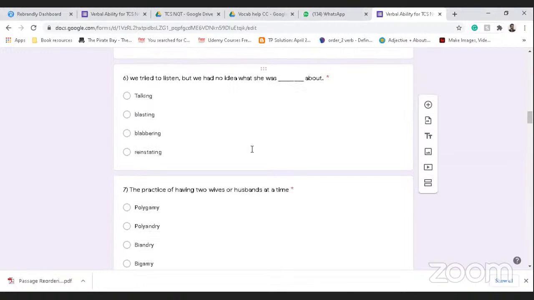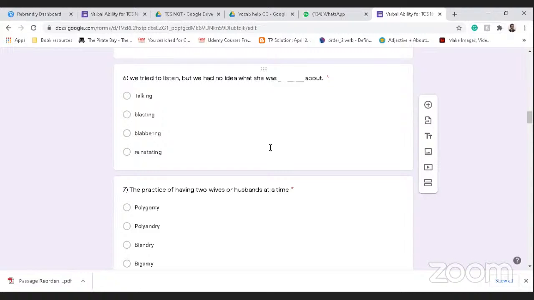We tried to listen, but we had no idea what she was dash about. Whenever you have words like these, where it seems obvious that talking should be correct: that's right, talking is correct, but remember contextual vocabulary. What does contextual mean? I told you a while ago, in English every word can come only in a specific situation.